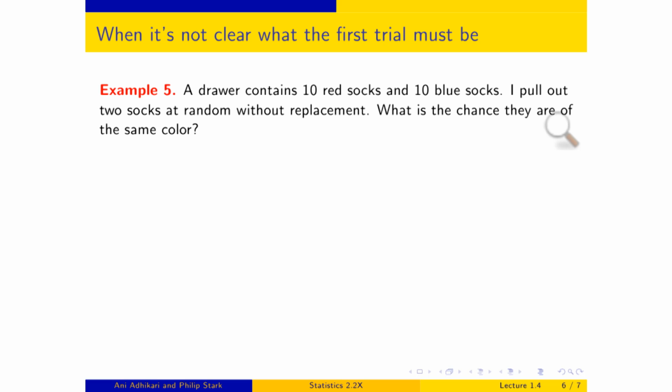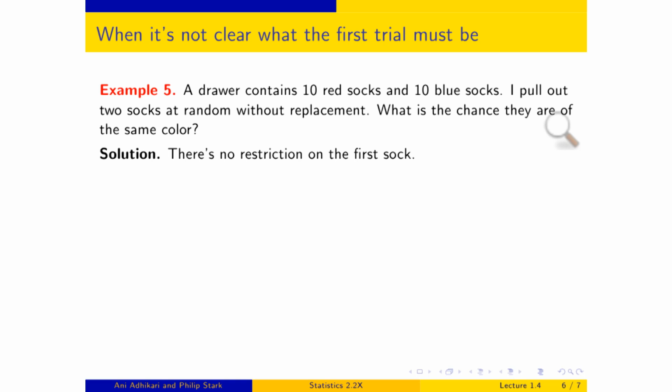Well, there are 20 socks in the drawer. What condition must the first one satisfy? Well, there isn't a condition on it. There is no restriction on the first sock that I draw. 20 out of the 20 socks are fine to be drawn.